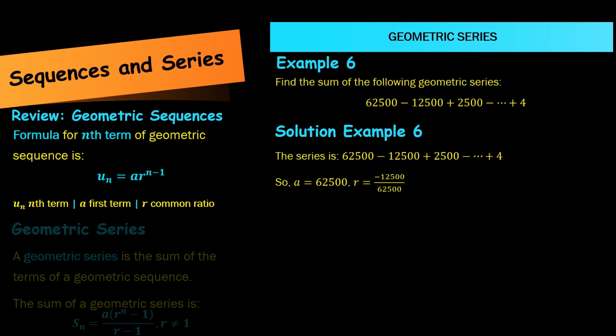We have the first term A is equal to 62,500 and the common ratio R is equal to minus 12,500 divided by 62,500. In other words, the second term divided by the first term. This gives us that R is equal to minus 1 over 5.